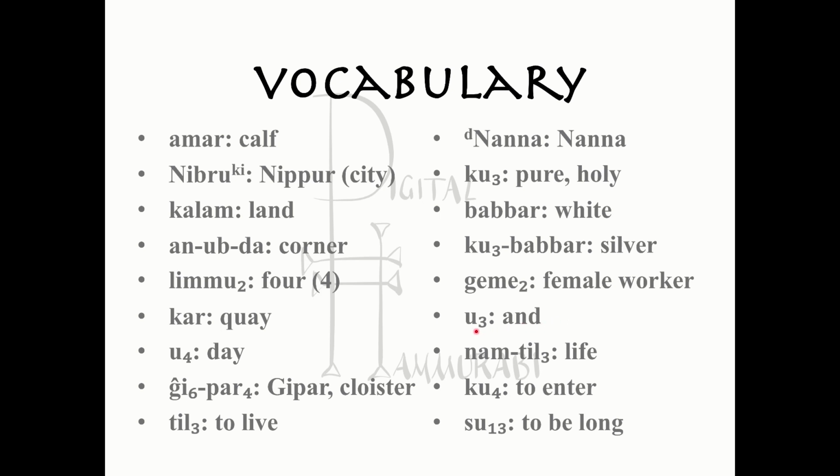Notice the difference here. U3, U4. It's important to remember the subscript number. U3 is and. Nam-til3 is life. We'll talk about Nam in a later lesson. But Nam-til3 is life. Ku4 means to enter. And Su13 is to be long.